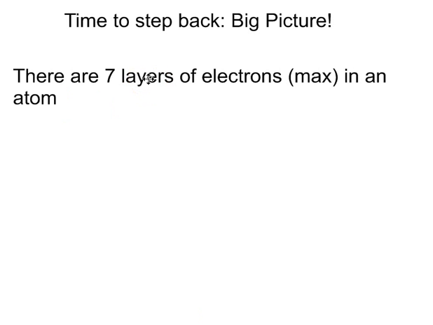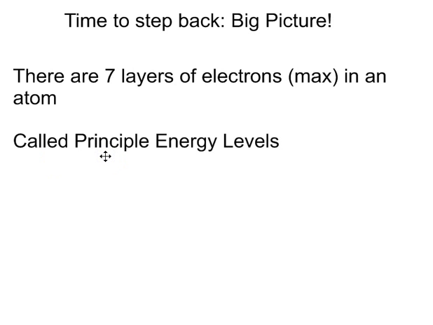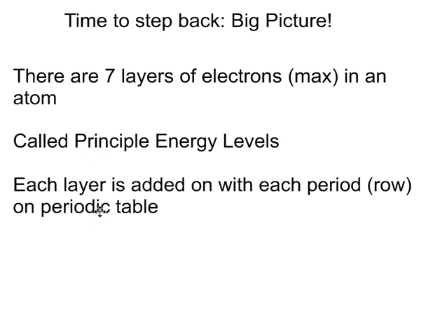Stepping back, considering the big picture. So it turns out that there's 7 main layers of electrons, maximum in any atom. And those 7 layers are referred to as principal energy levels. And it's sort of a curious thing because each one of those 7 layers is added on every time you go down a row on the periodic table.